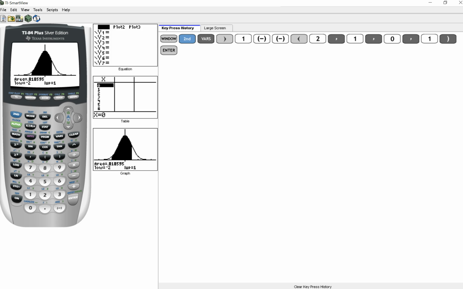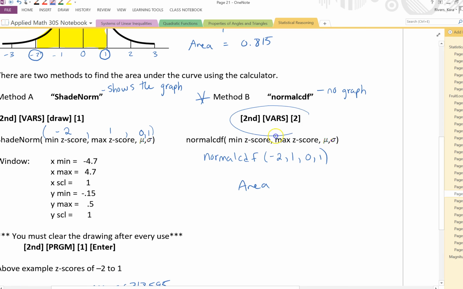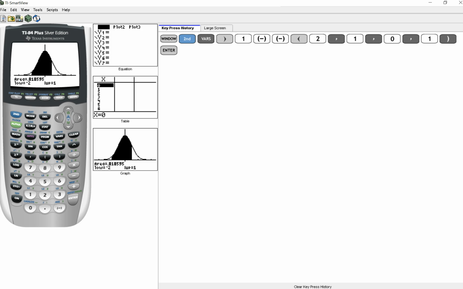So let's go back in here. We're going to go back into second. Where am I looking here? Looking right here. Second vars 2. So lots of places to go to. Same vars menu, but you're going to go into 2. Now I'm saying vars menu, but it's actually not. If you look above vars, when you hit second, it's DISTR, so that's a distribution menu.